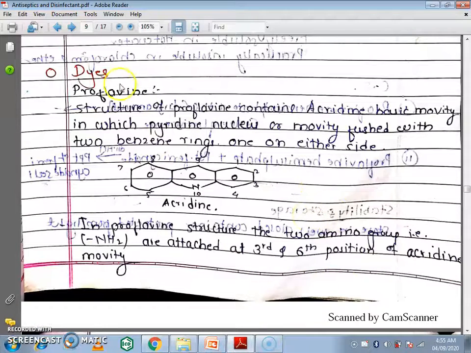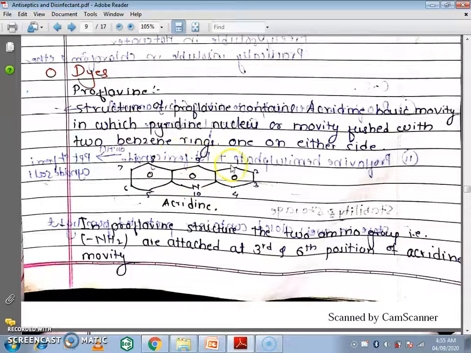This is the basic structure of proflavin, that is acridine. Acridine contains a pyridine structure, and two benzene rings are fused on either side of the pyridine.